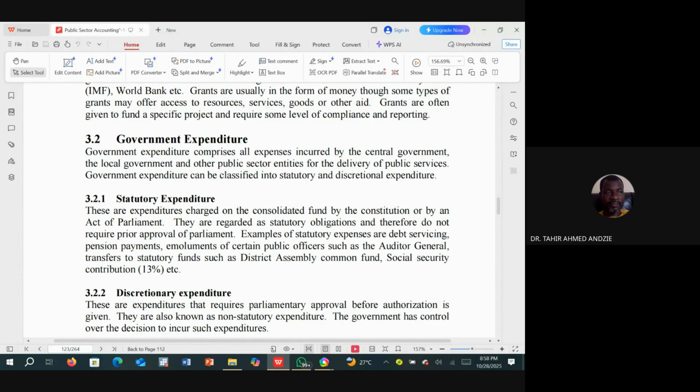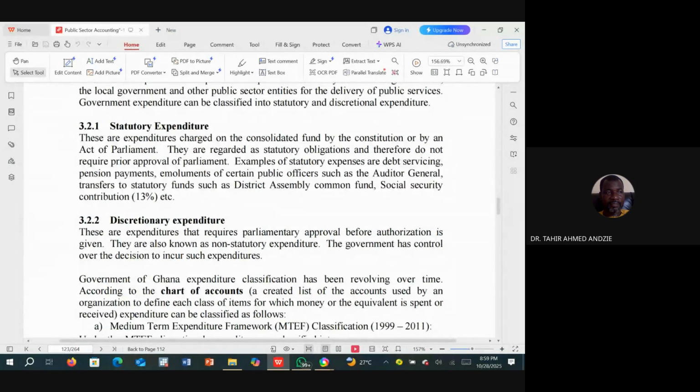Remember that in the consolidated fund, we said there are two conditions under which money can be taken from the consolidated fund, either for statutory expenses or discretionary expenses, right? So statutory expenditure, these are expenditure charged on the consolidated fund.